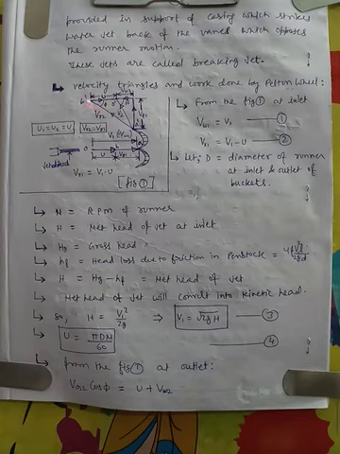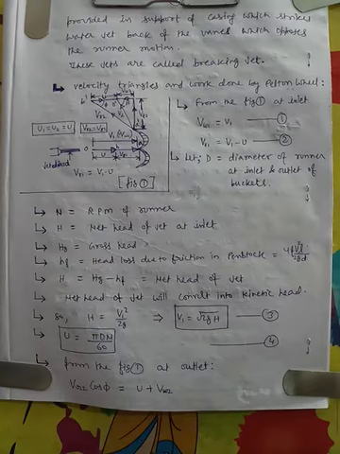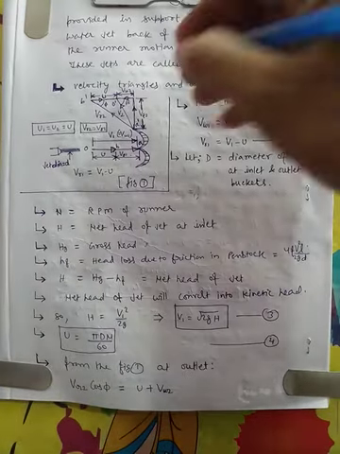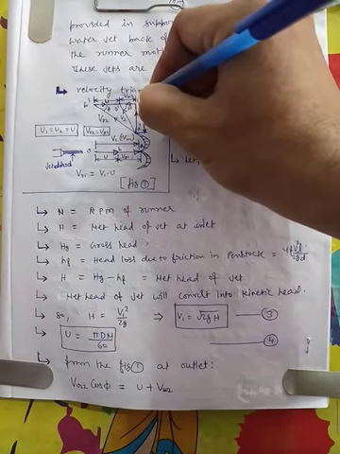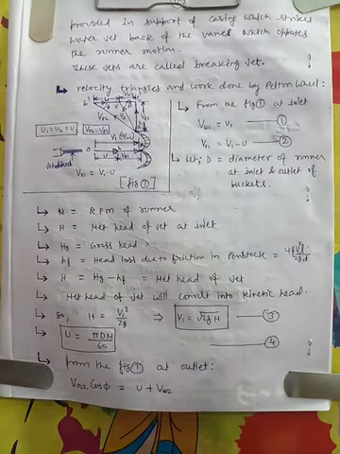R2 cos phi means this length. I have not given this any name, so I give it some name, say this is C dash.